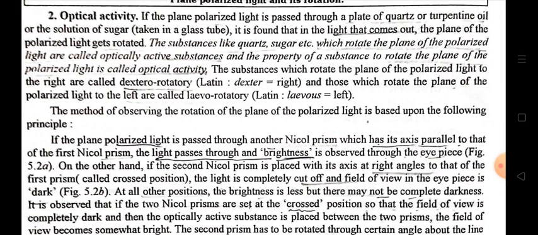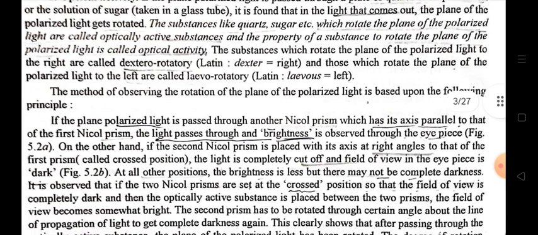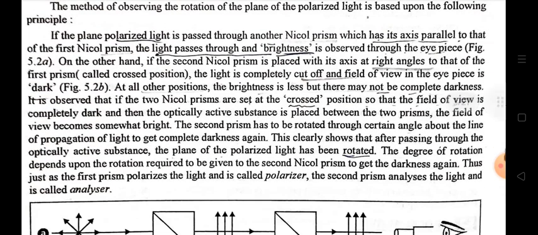It is observed that if the two Nicol prisms are at the crossed position, so that the field of view is completely dark, and then the optically active substance is placed between the two prisms, the field of view becomes somewhat bright. The second prism has to be rotated through a certain angle about the line of propagation of light to get complete darkness again.